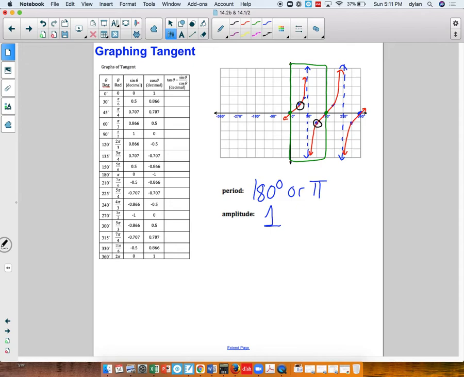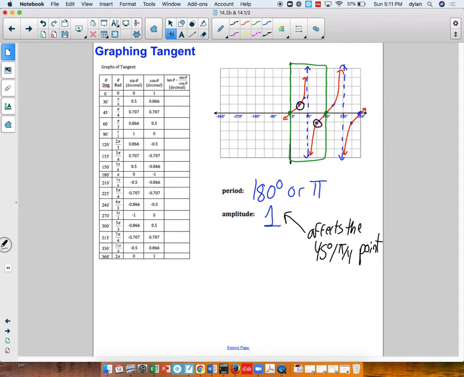So if our amplitude is 1, I'm just going to say that affects the 45 degree or pi over 4 point. So it affects how quickly our tangent function rises and falls. So it's a slightly different definition of amplitude in this case because of the shape of the tangent function.